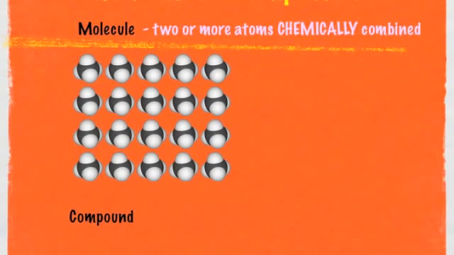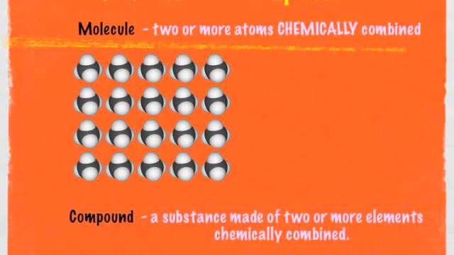One of the definitions of a compound can be a substance made up of two or more elements chemically combined. Boy, that sure sounds like almost the same definition as the definition for a molecule. Two or more atoms chemically combined is a molecule. Two or more elements chemically combined is a compound.